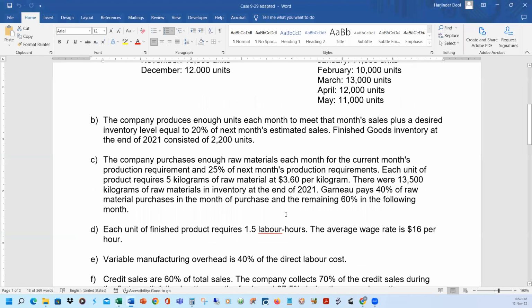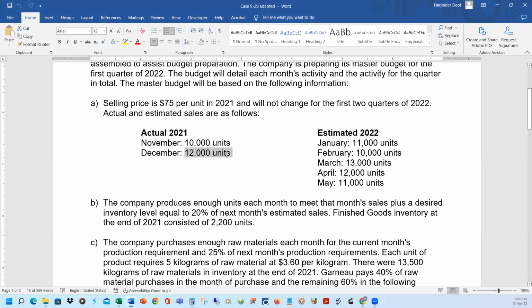Now, sales that took place in December were a total of 12,000 units at a selling price of $75 per unit. So of that amount, 40% must have been collected in December. 42% must have been collected in January, and then 16.5% in February.